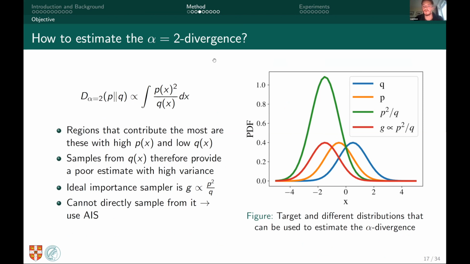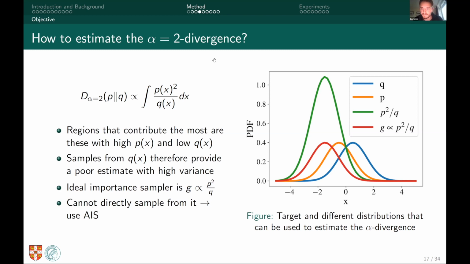And so what you can see is that to estimate this integral well, you want to place probability mass on the regions where the integrand is the biggest. And P squared over Q is proportional to the integrand.